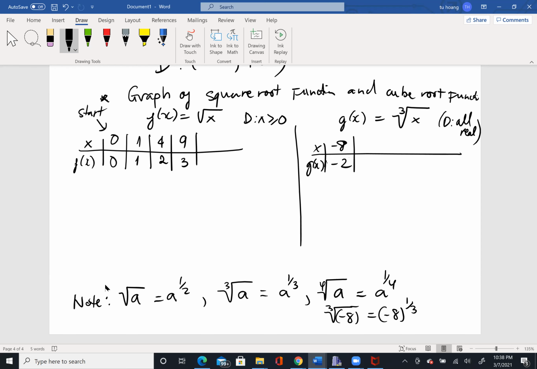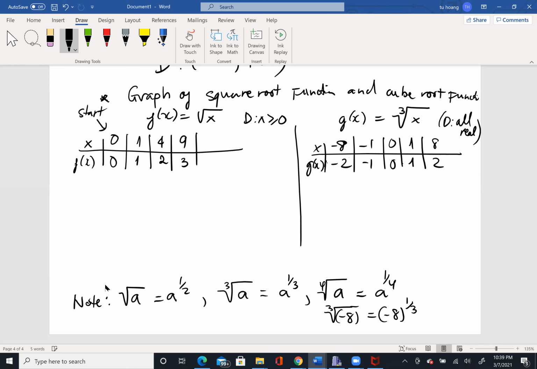What else? Negative 1 gives negative 1, 0 will be 0. Then 1, the cube root of 1 is 1. And 8 is 2.